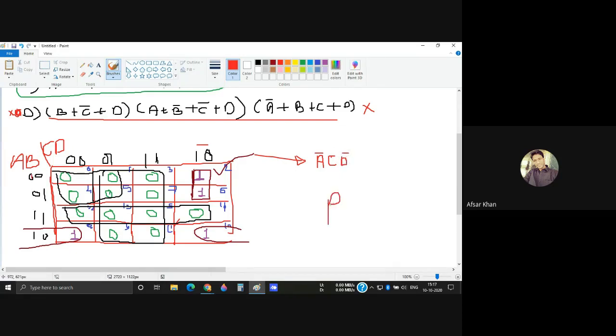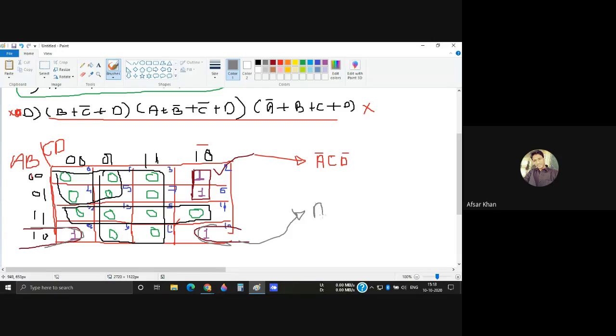If we form one pair, how many variables are removed? In a pair, one variable is removed. Now tell me the expression for this pair.